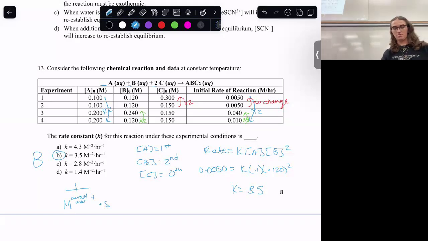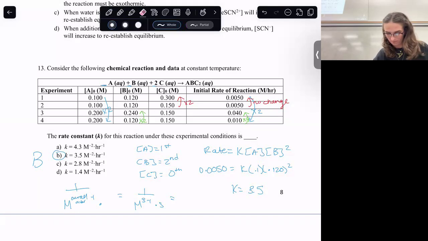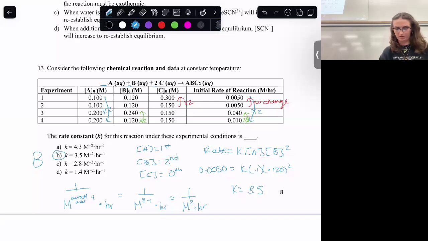It's third order, right? So we have 1 over molarity to the 3 minus 1 times hours. So you have 1 over molarity squared times hour, which matches that.